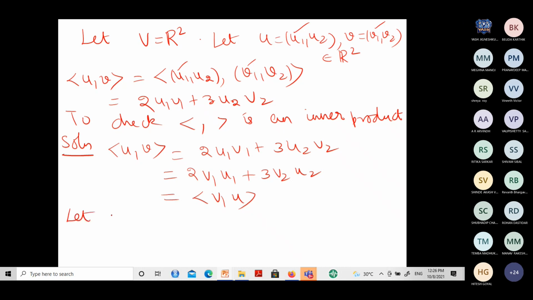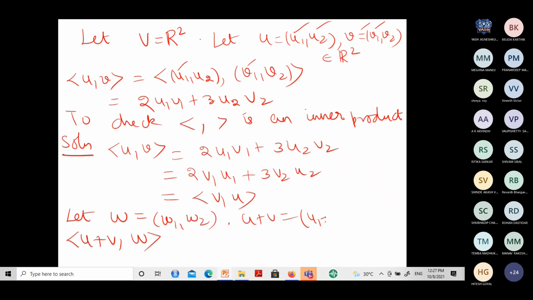Second one is, I'll take one more vector W, W1 comma W2. I need to check whether this is equal to inner product of U comma W plus V comma W. So what is U plus V first of all? U plus V is add U and V. Add these two vectors.